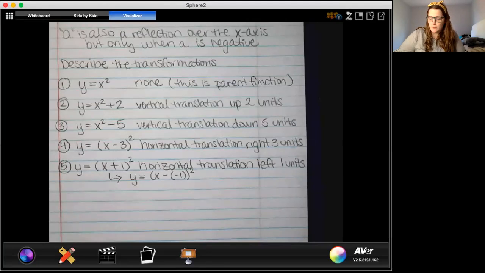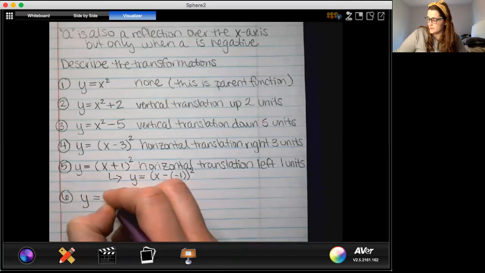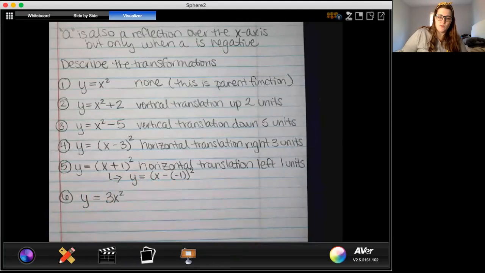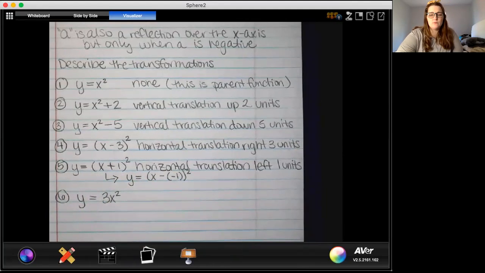Okay, let's try number 6 then. Y equals 3x squared. Okay, looking at the information provided to you, y equals 3x squared. Anyone want to take a guess?